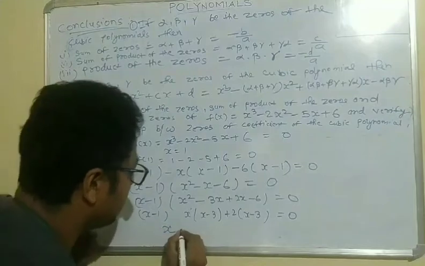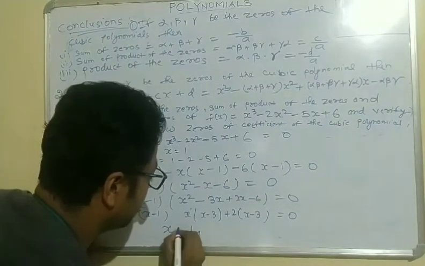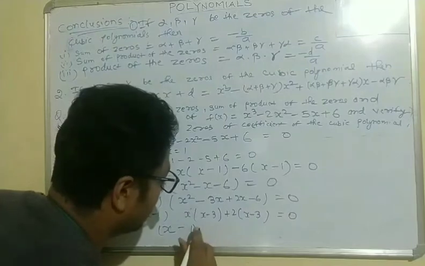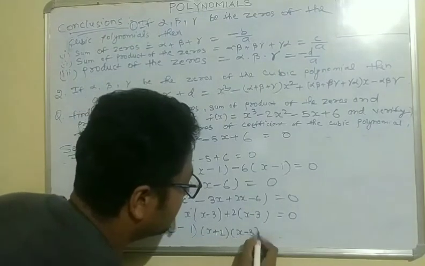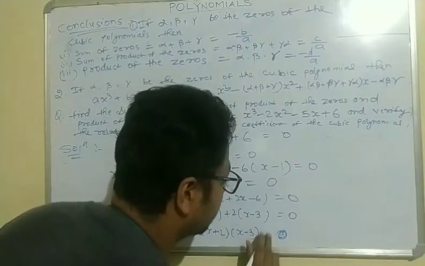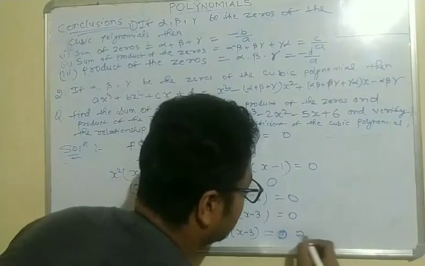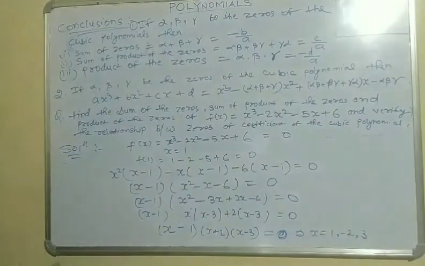So the factors are (x minus 1)(x plus 2)(x minus 3) equal to 0. It can also be written as x equal to 1, minus 2, 3.